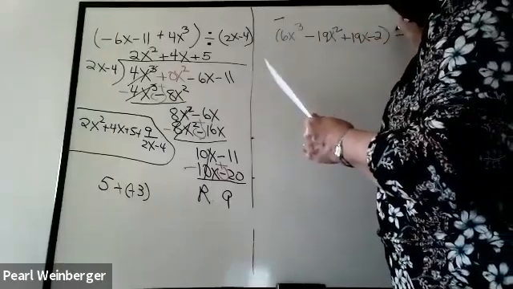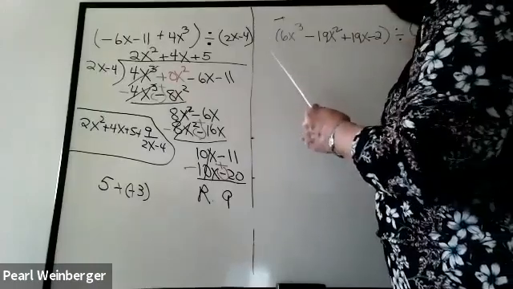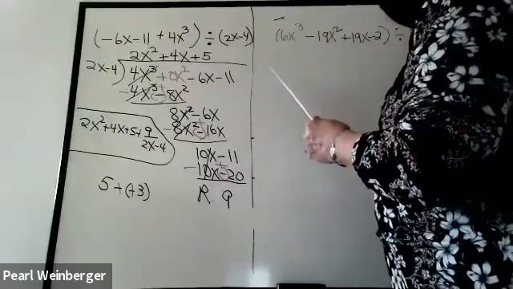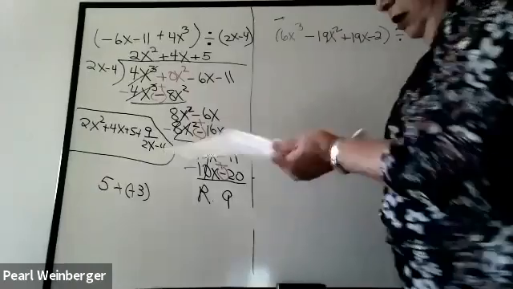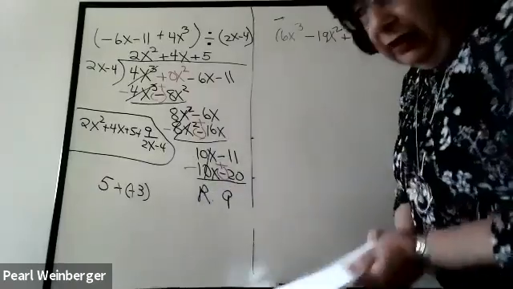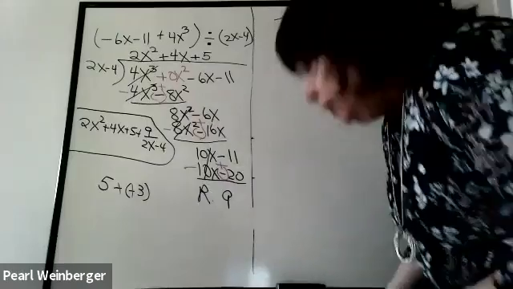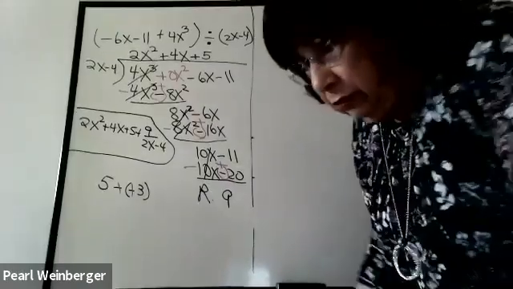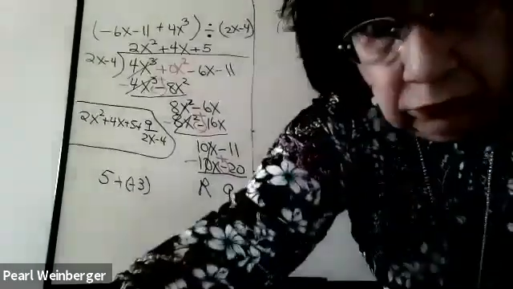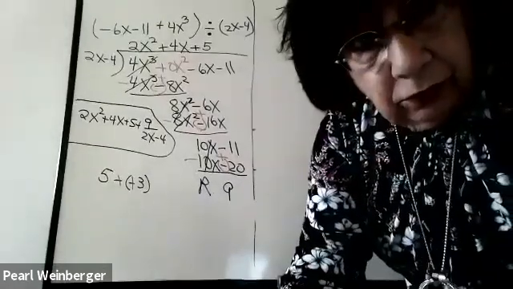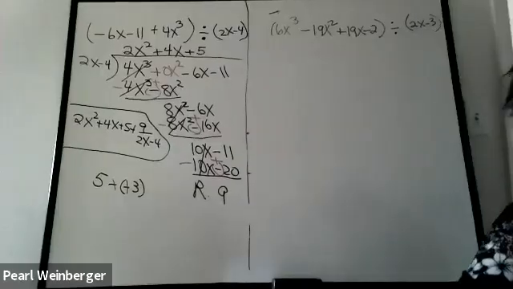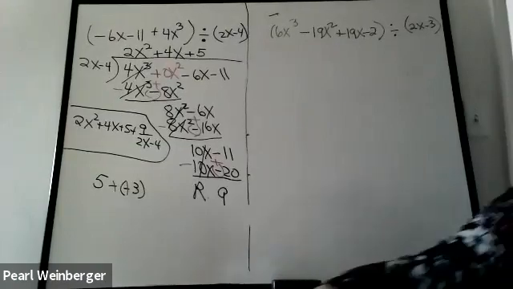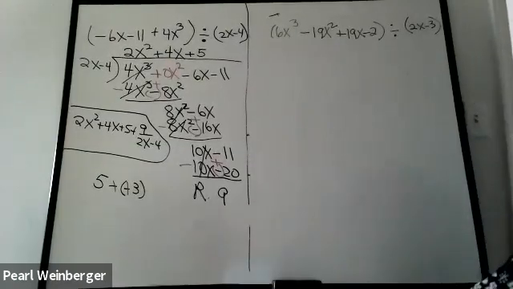And I want you to divide this by 2x minus 3. See if you can come up with a solution for that while I take attendance. See if we can get the right answer here.